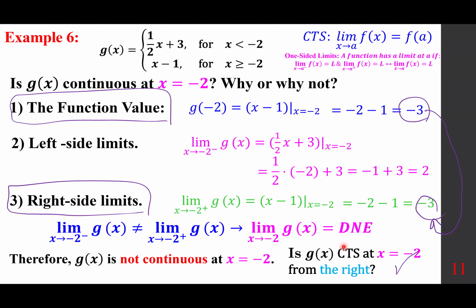Yes, the function is continuous at x equals -2 from the right. Nevertheless, it remains that it's not continuous at x equals -2, but it is continuous from the right. As far as the terminology is concerned, we want to make sure that it makes perfect sense to everybody.